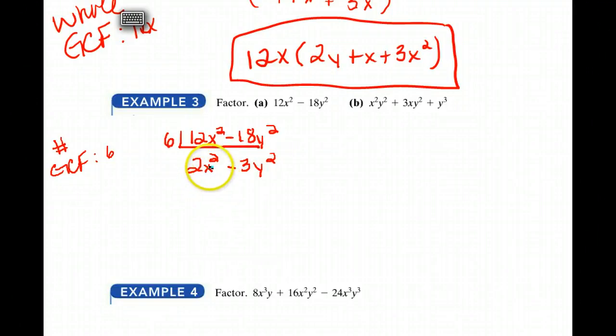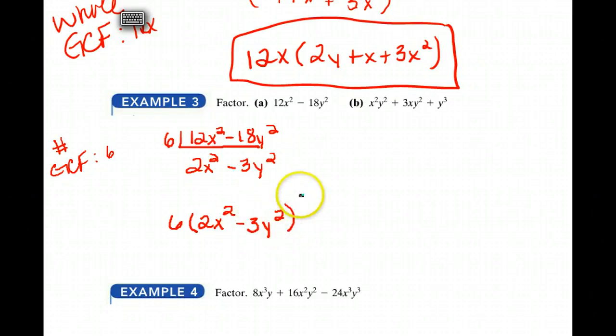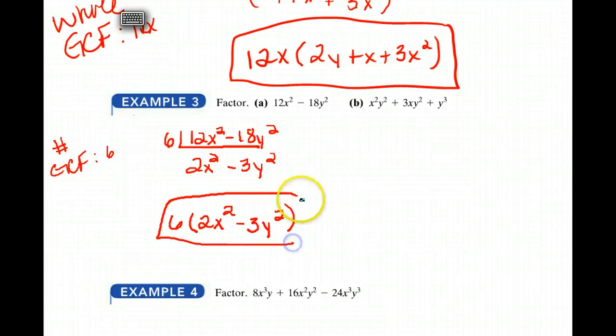The first term only has an x, and the second term only has a y. That means that there's nothing more that I can factor out. So we have 6 times the quantity 2x squared minus 3y squared. And that is our final answer.